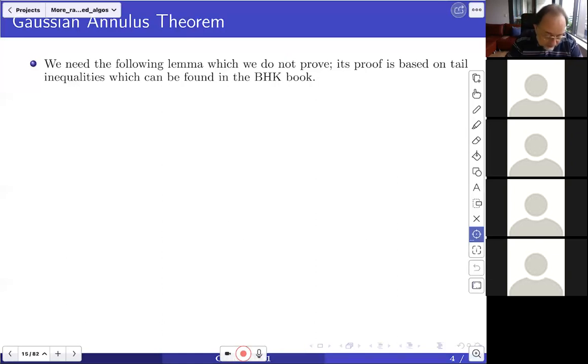Okay, so this theorem, it's just technical mumbo jumbo, so we will not prove it, but you can find it in this free textbook that I recommended on the course webpage. This is Blum, Hopcroft, I believe, and Kannan. And what does this lemma say?